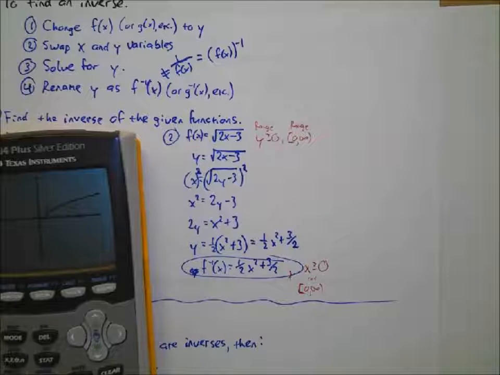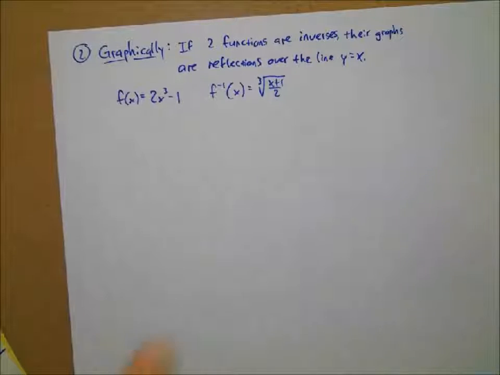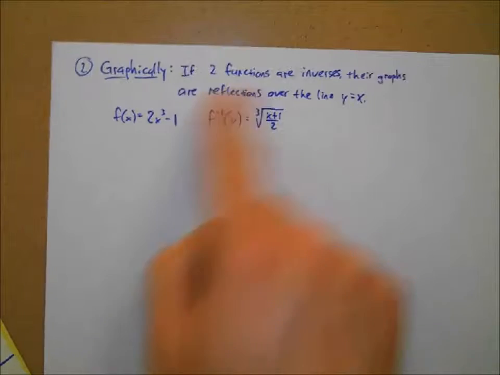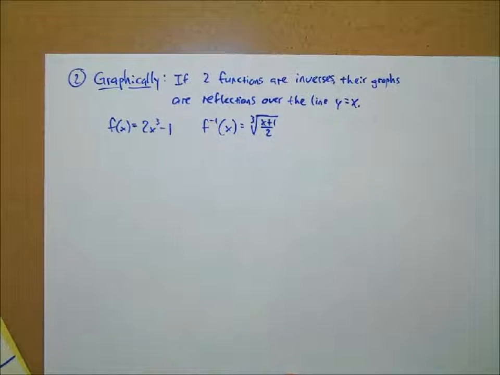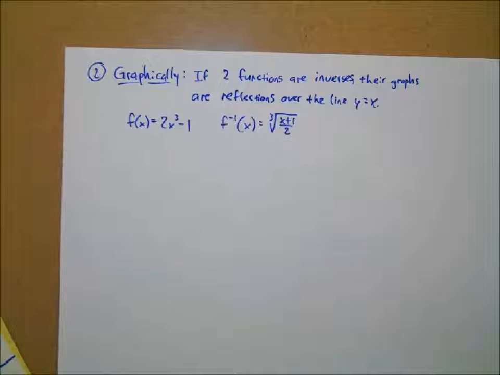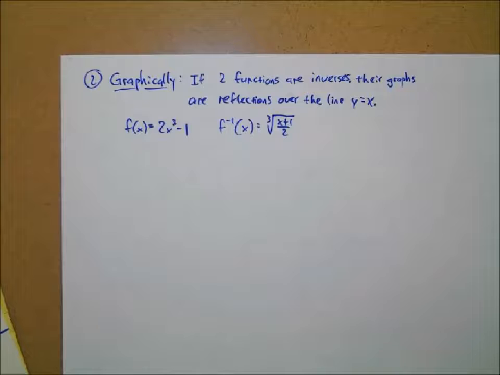Same idea if you remember back from geometry, and maybe you don't because it's been a while: when two functions are inverses, their graphs are reflections over the line y equals x. When you reflect over the line y equals x, all you're doing is swapping x and y values. So it's all connected to this idea of swapping x's and y's, and that's important to remember.